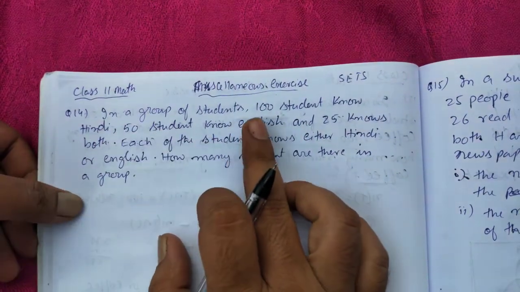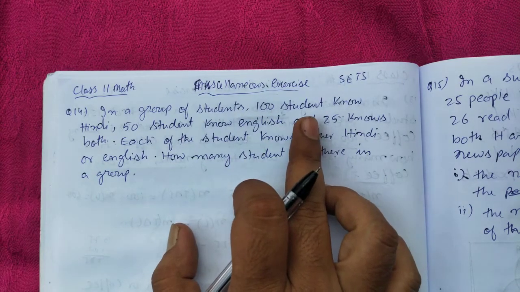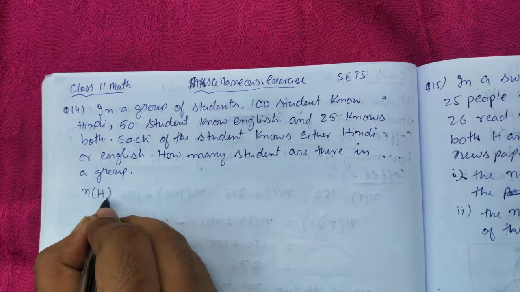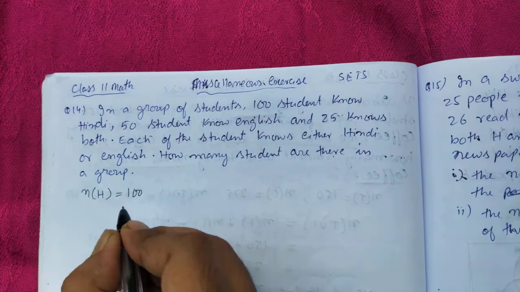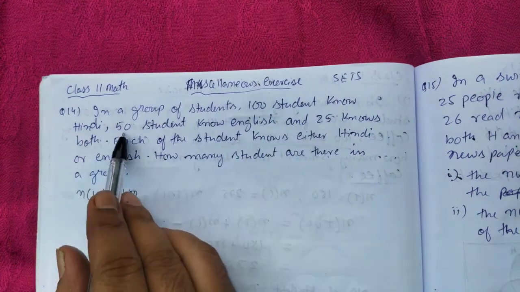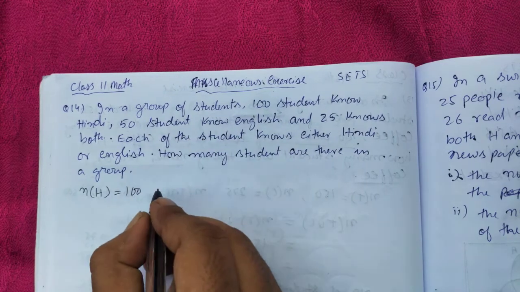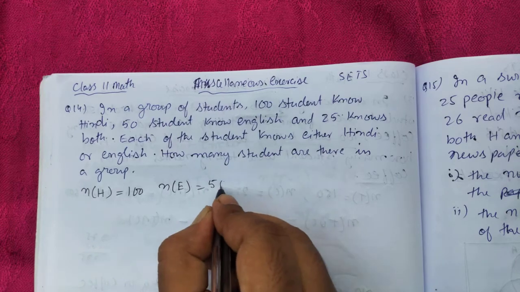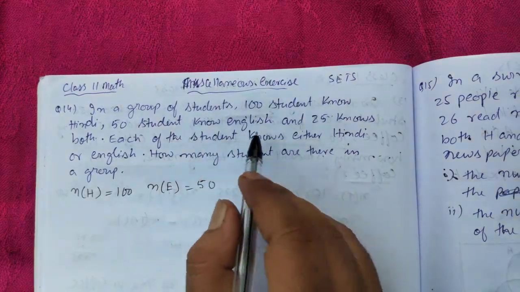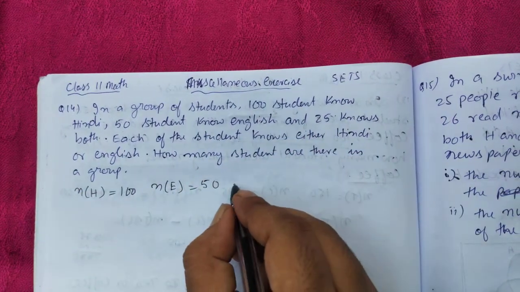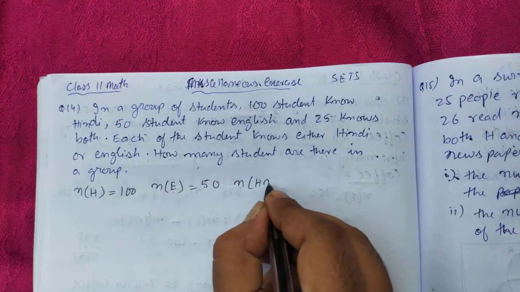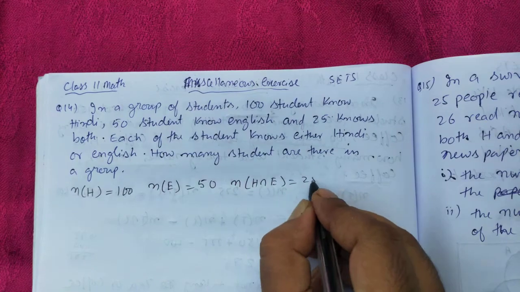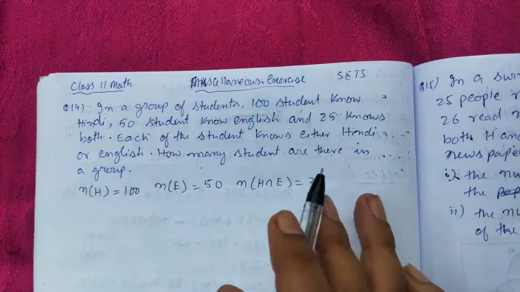In a group of students, 100 students know Hindi. So n(H) is 100. 50 students know English, so n(E) will be 50. 25 know both, meaning common: Hindi intersection English is 25. Each of the students knows either Hindi or English.